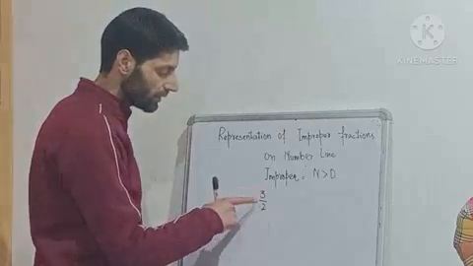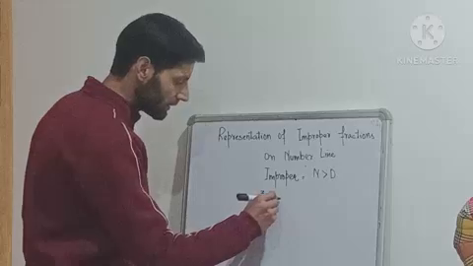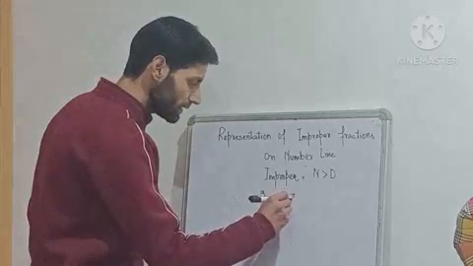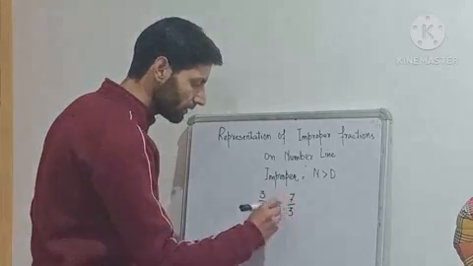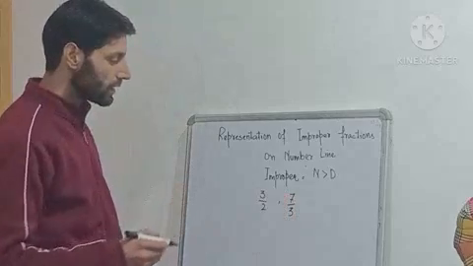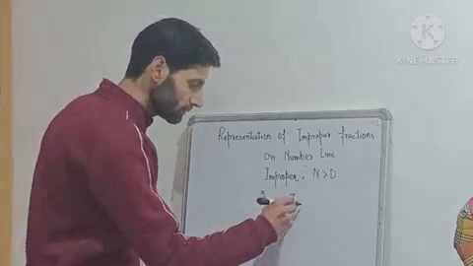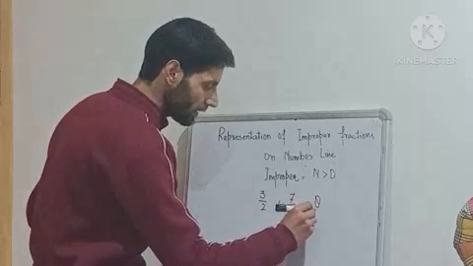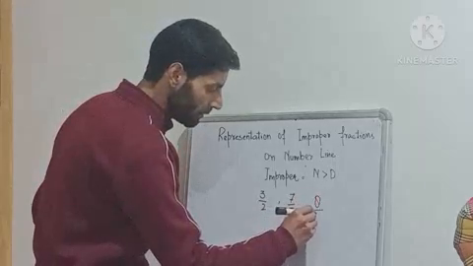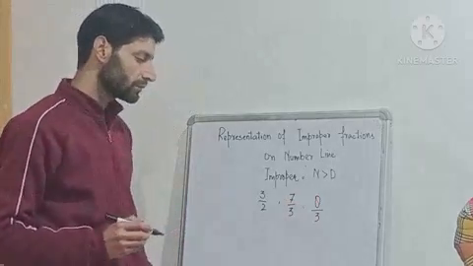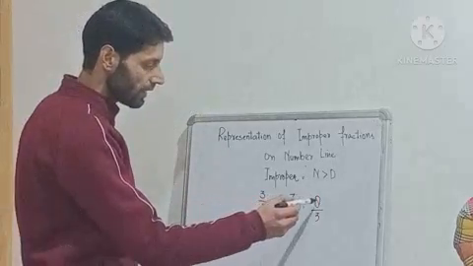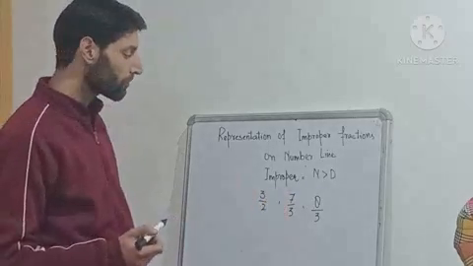Here 3 is greater than 2, so this is improper fraction. Similarly 7/3. 7/3 is also improper fraction. And another improper fraction is 8/3, because here 8 is greater than 3.